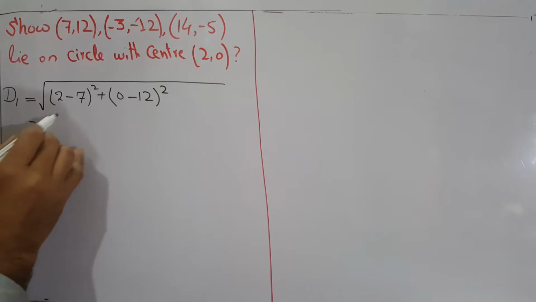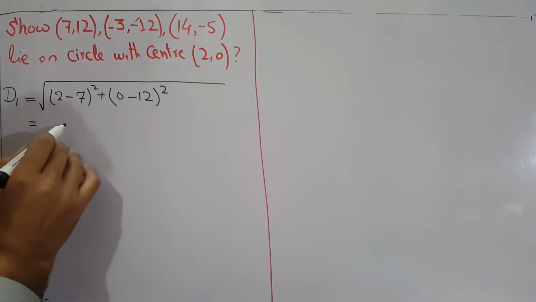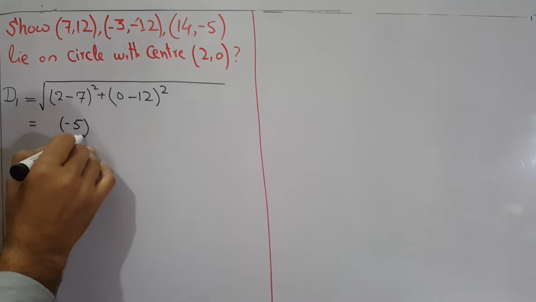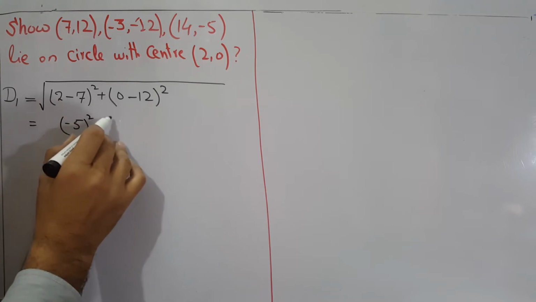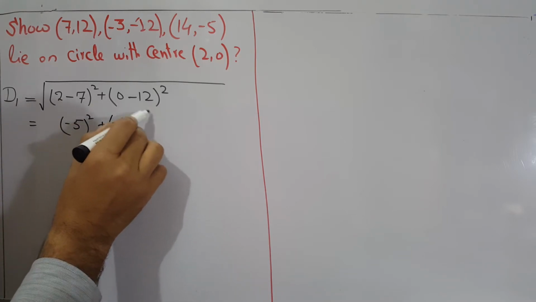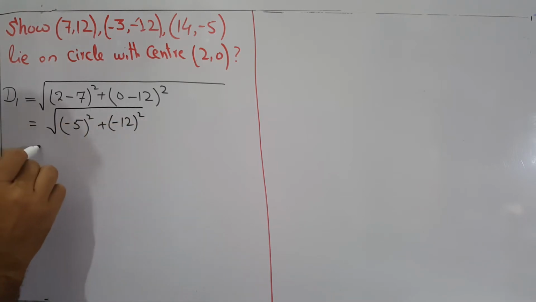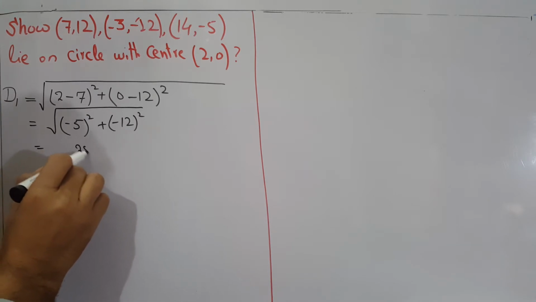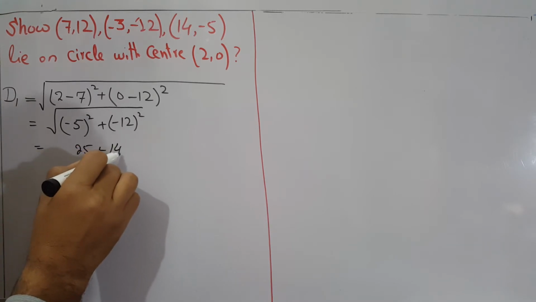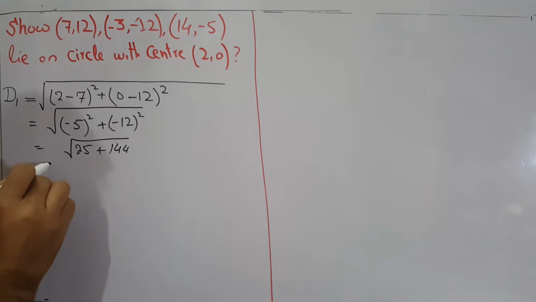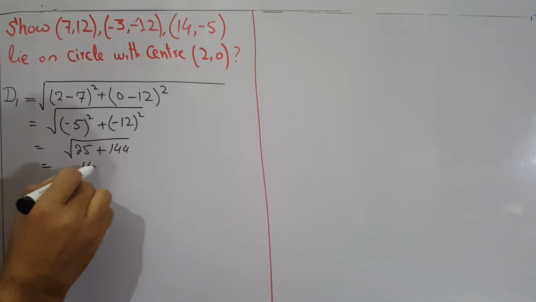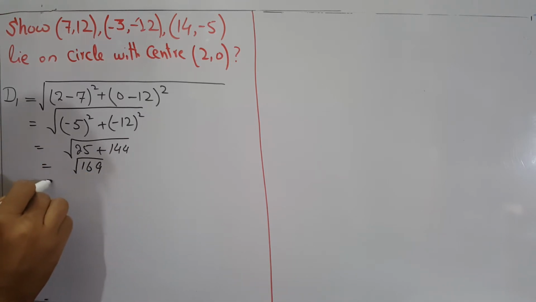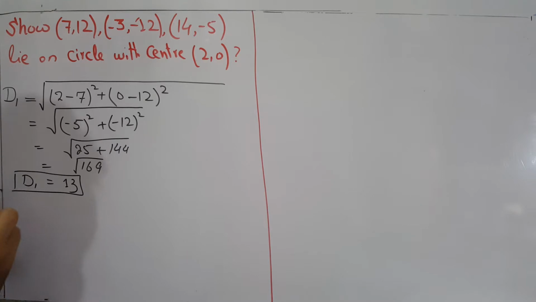We can see that 2 minus 7 gives you minus 5, whole square, and minus 12 whole square, which is 25 plus 144, which is 169, and the distance d1 is 13 because the square root of 169 is 13.